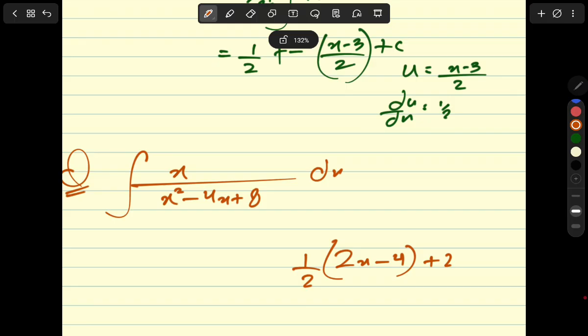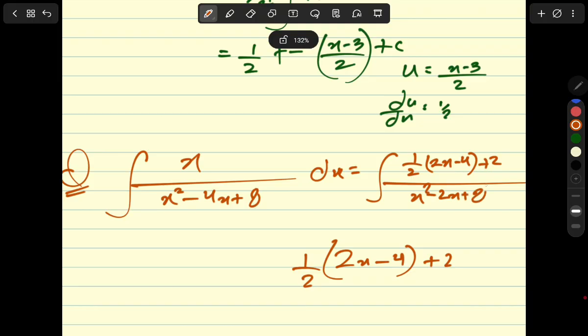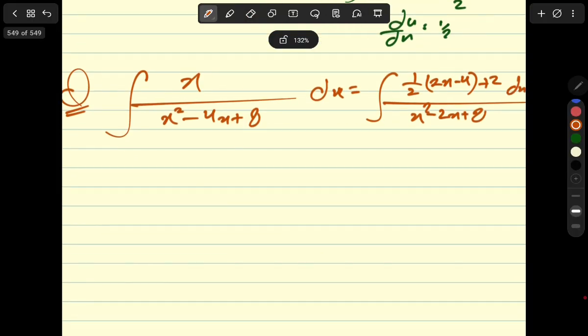So this x may be rewritten as half of (2x minus 4 plus 2) over x squared minus 4x plus 8, and then there's a dx. Okay, now let's see.